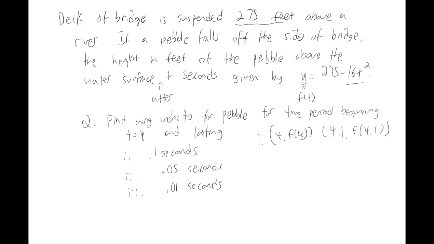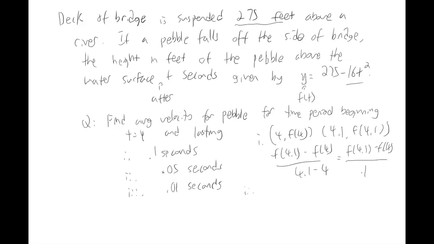So the average velocity, I'm not going to calculate this. I trust we can all do algebra. It's f of 4.1 minus f of 4, over 4.1 minus 4. I think the book says you can use a calculator, but if you're not allowed a calculator, the numbers should be nicer, so don't worry about that.